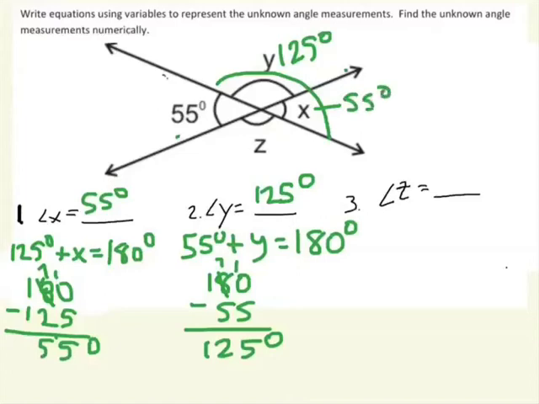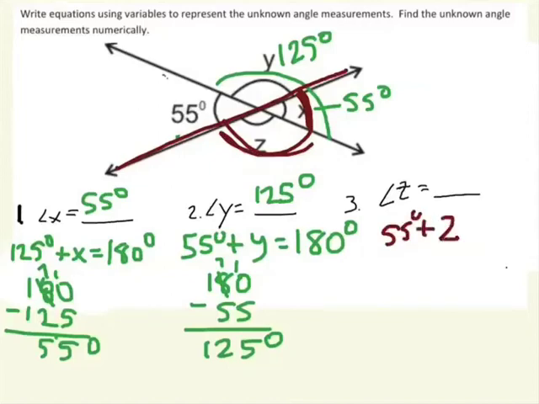So now to find the measure of angle z, I can look at this line and say this is the angle. Straight line. Part of that angle is 55 degrees. What is the rest? So I know 55 degrees plus z equals 180 degrees.